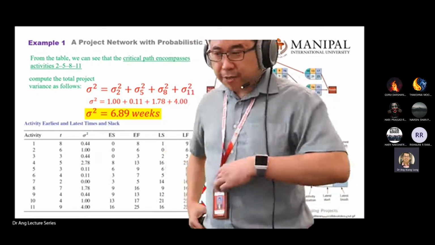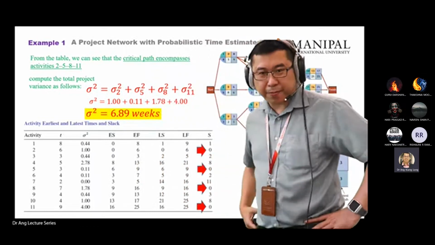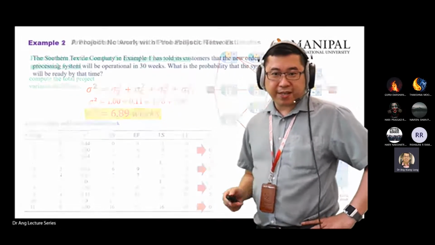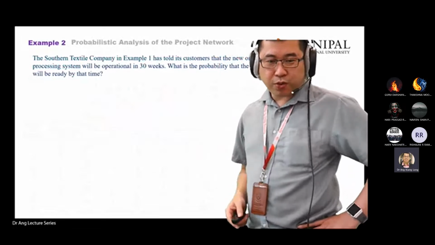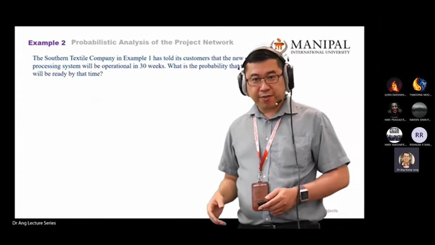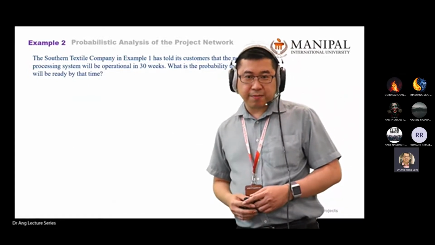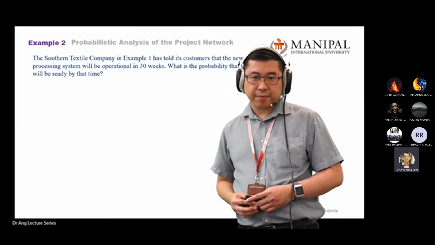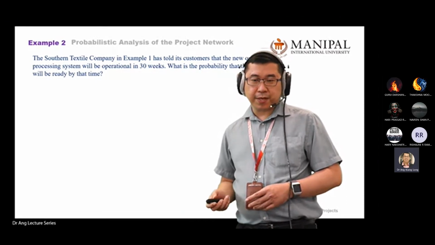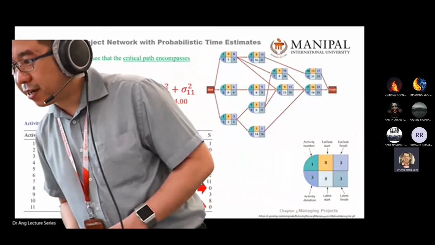I think seems that we have a connection problem with some of our members here. I think we stop here. We'll look at example 2 on how to use the histogram or the normal graph to estimate the time. Or can you guys still go on?